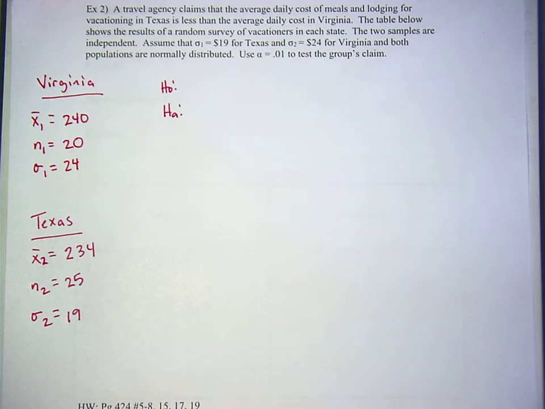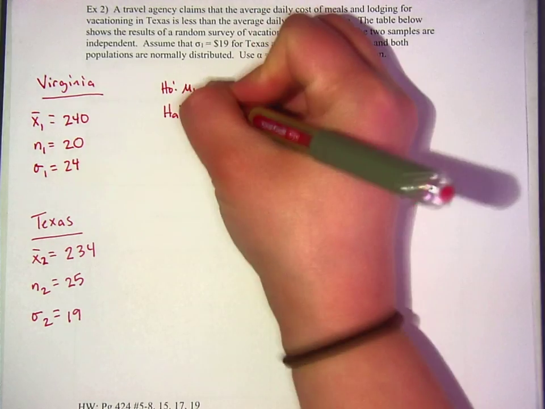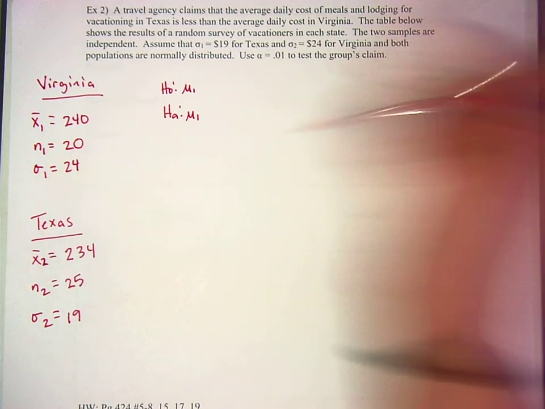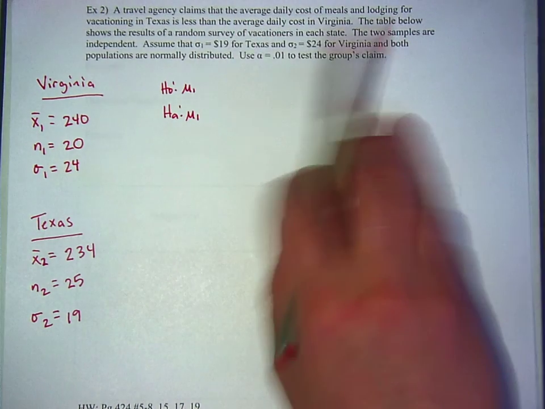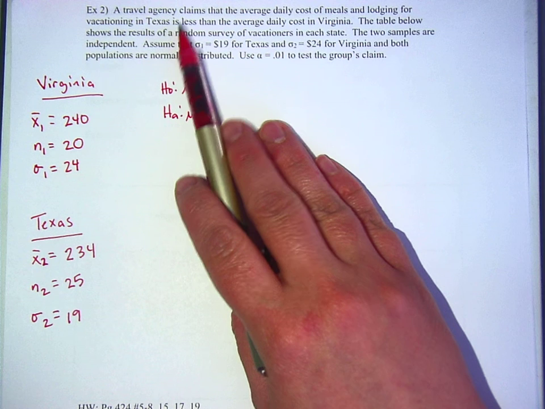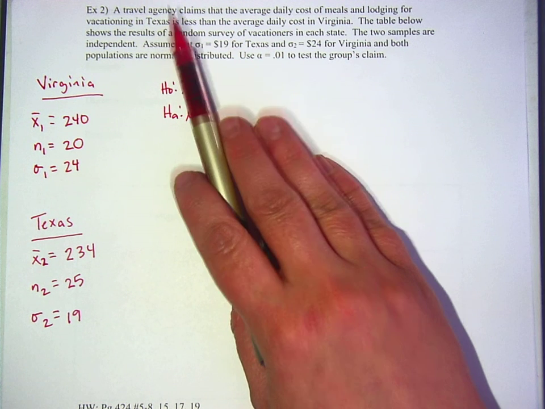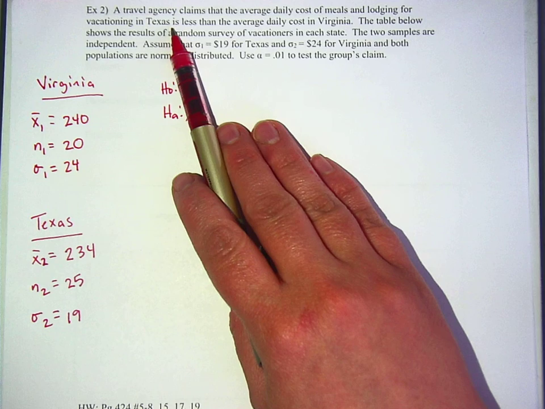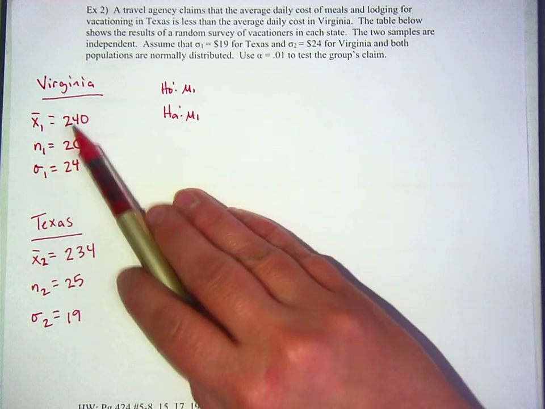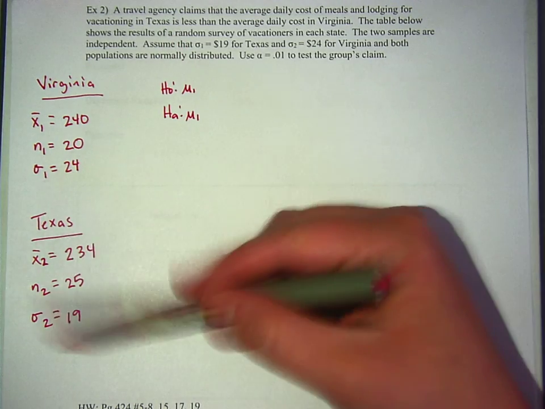You guys are accidentally not talking at all of you, like the whole class. Now, be careful here. Notice that I made Virginia all of my 1s and Texas all of my 2s.